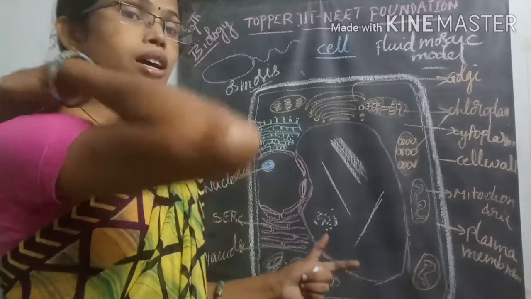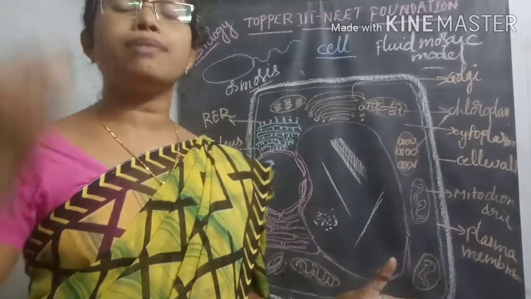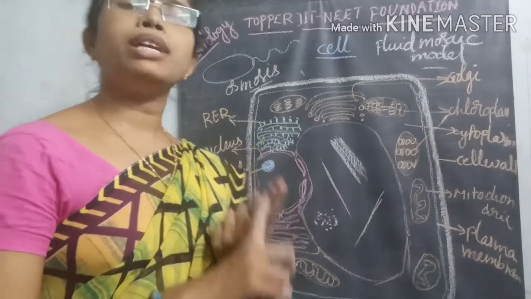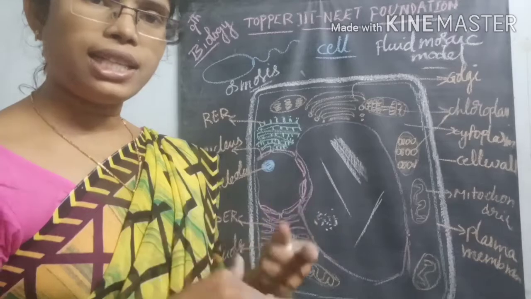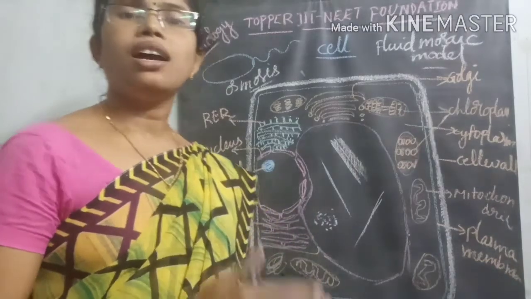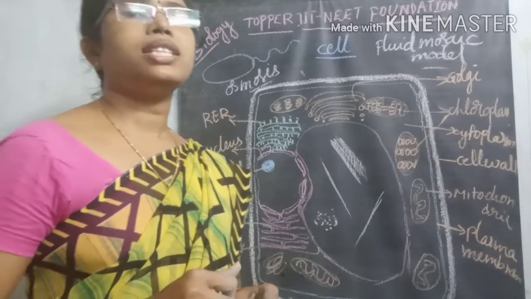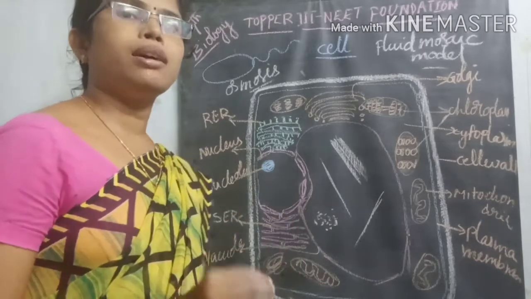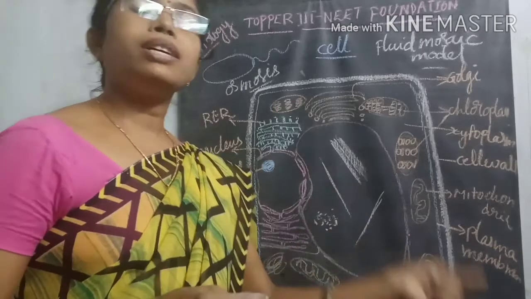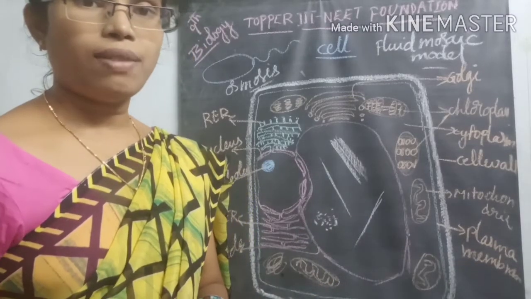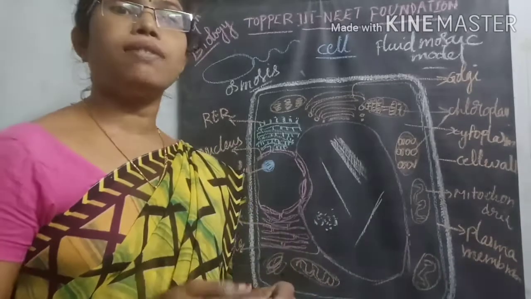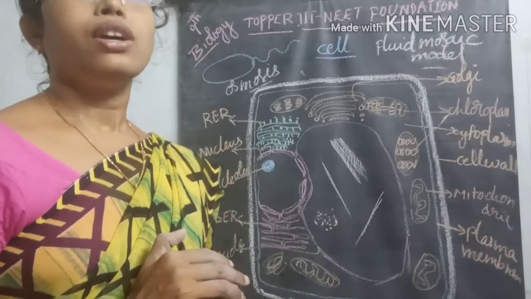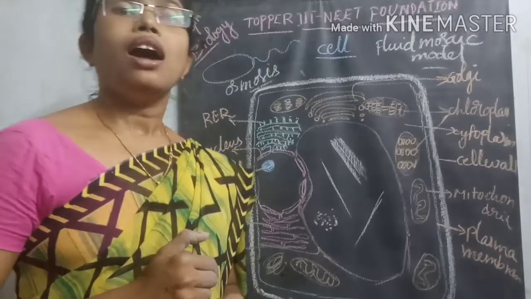Here the cell wall mainly has three layers. One is called the primary cell wall, and inside that the middle lamella is present, and after that the secondary cell wall. The middle lamella connects the primary cell wall with the secondary cell wall, and there are some junction-like structures present.